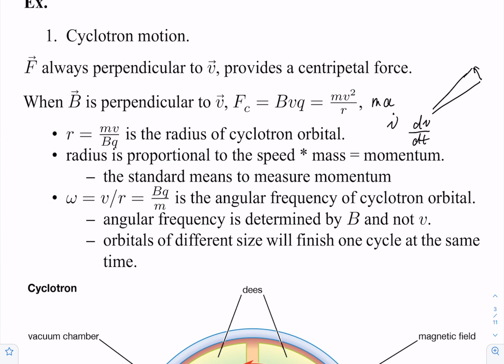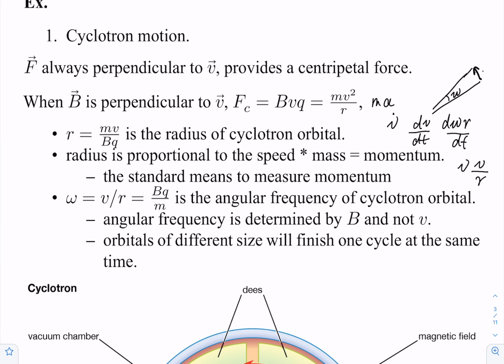The dV should be related to the angular frequency, so it is omega r dt, and since omega is a constant, dr dt equals v, and omega equals v divided by r. So that gives you mv squared over r.